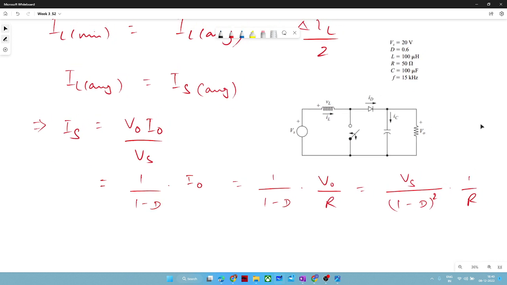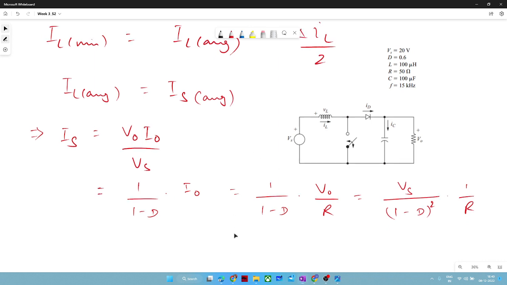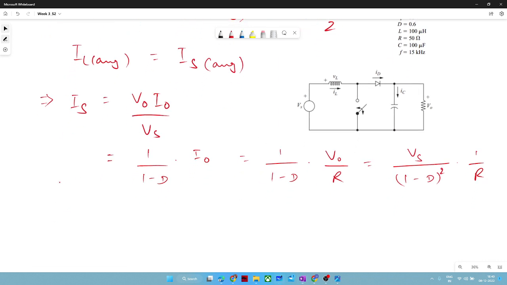So IL average we got. Now we need to find out del IL. Again, we know that del IL is nothing but Vs into D by F L. IL average we found.